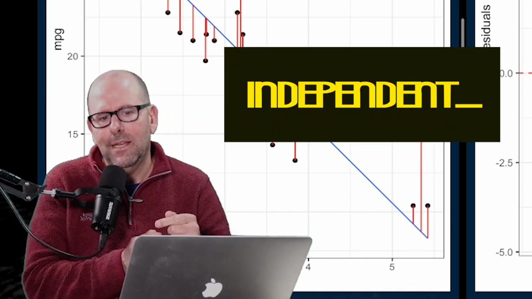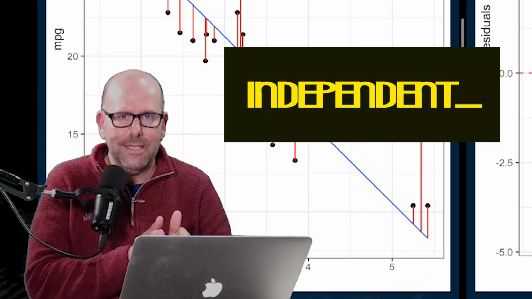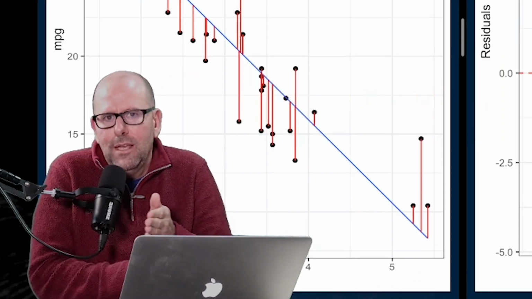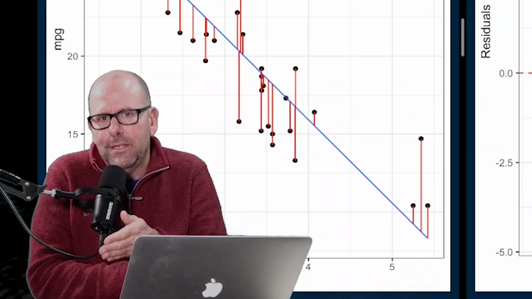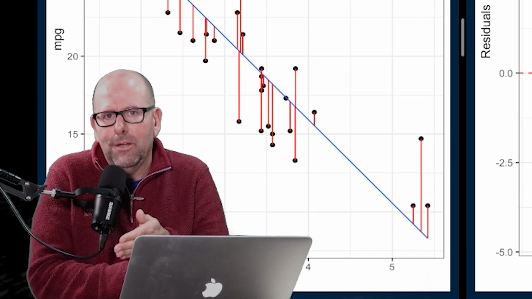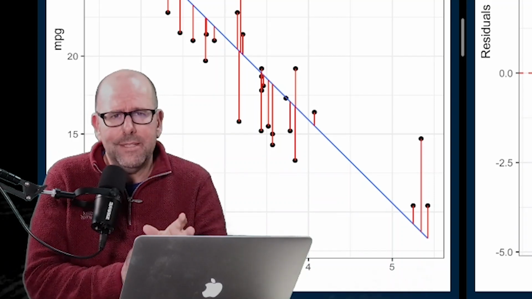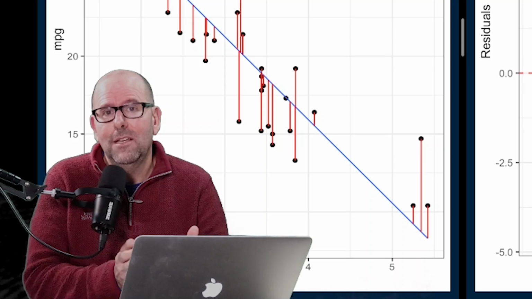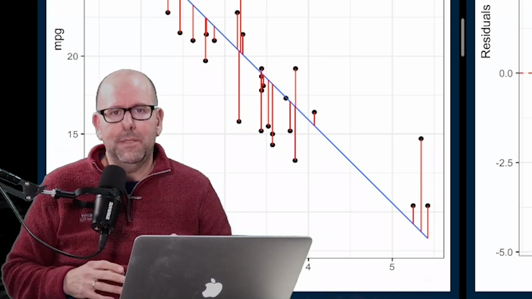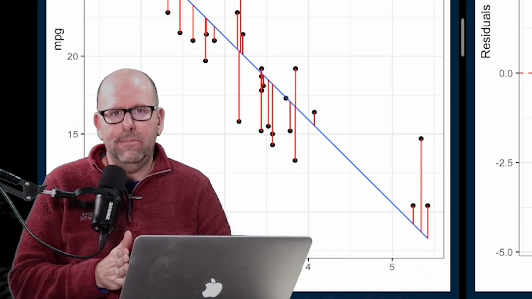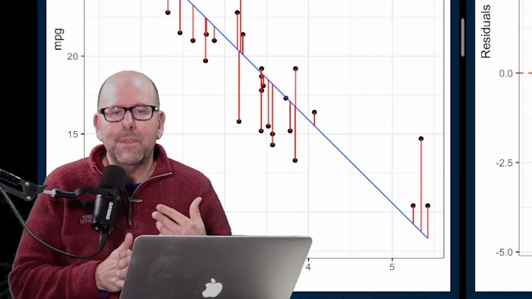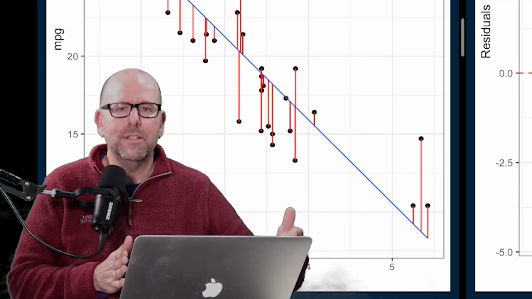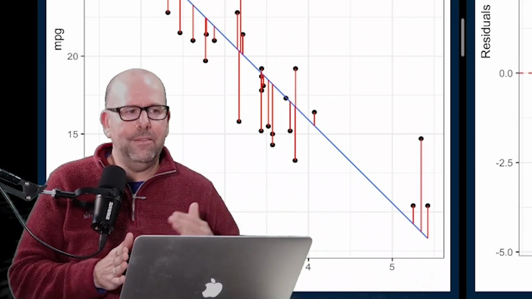In other words, the error that we see at this point in time isn't influenced by the error that we saw at a different point on our plot. And the best way to understand that is to think about a time series analysis, where you've got multiple participants and they're all getting something measured about themselves at different points in time.